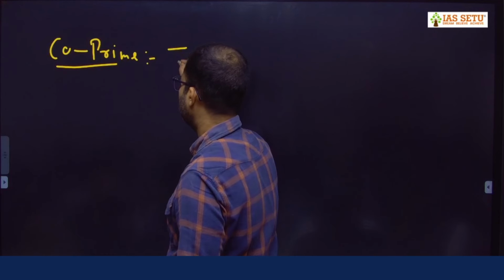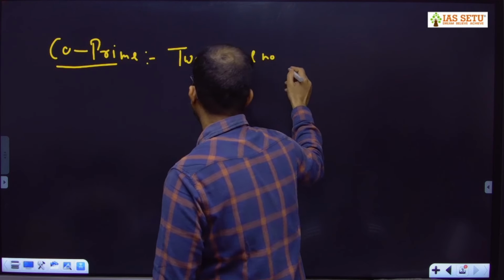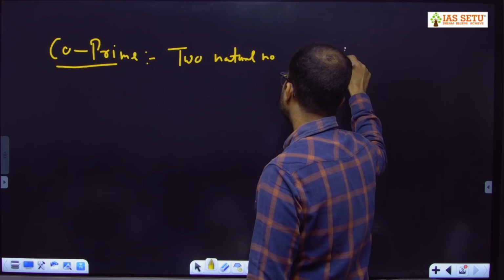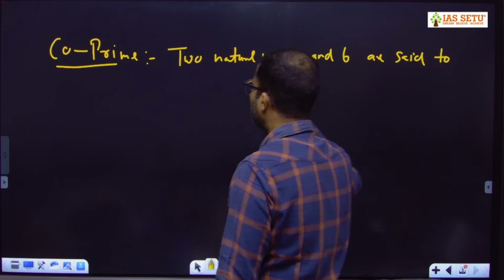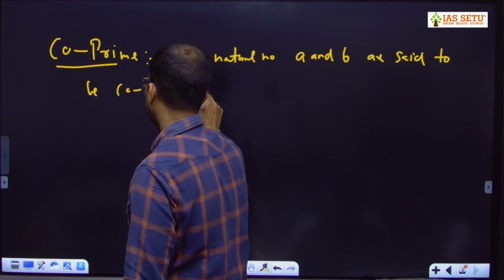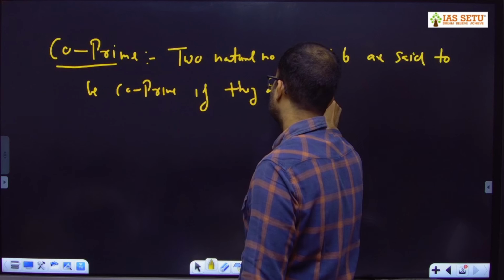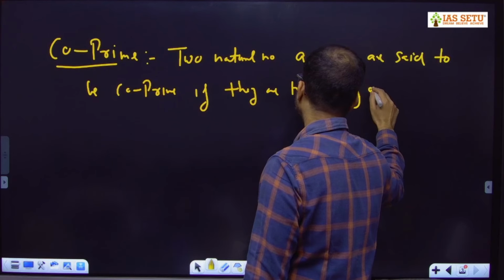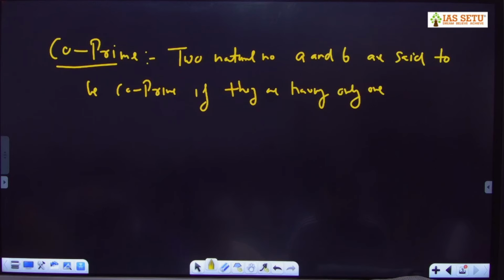Two natural numbers A and B are said to be co-prime if they are having only one, underline the word only, only one as a common factor.